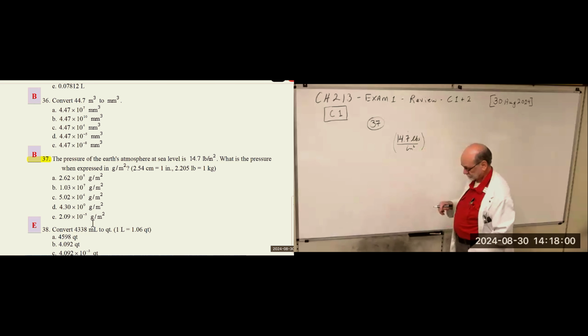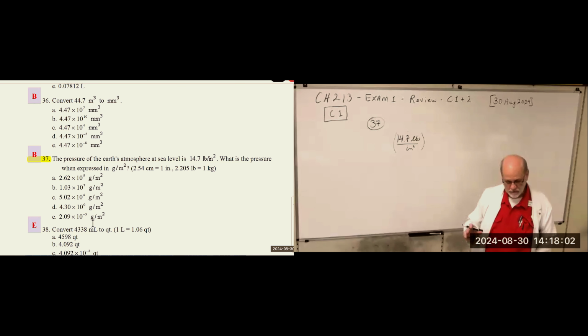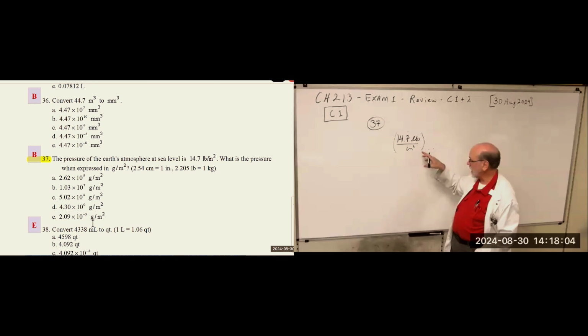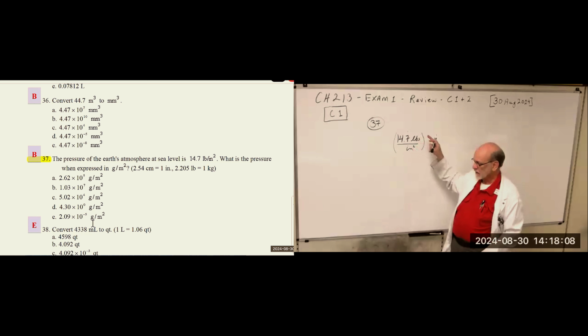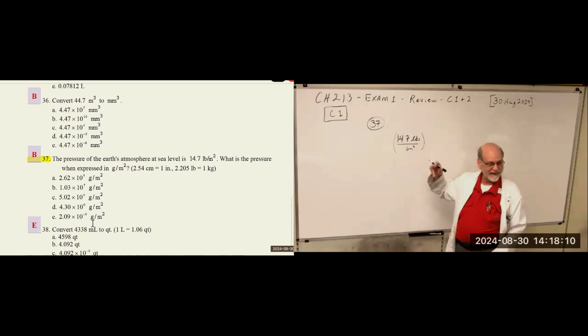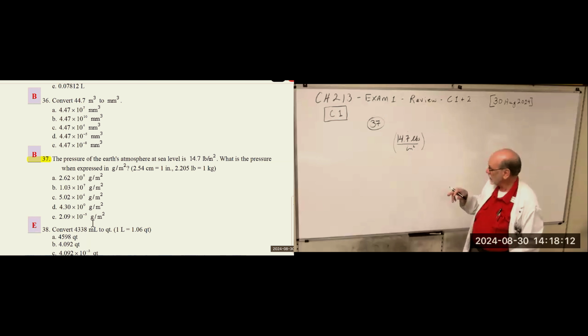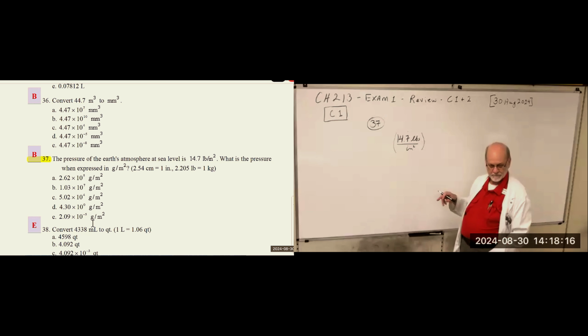When you're converting a complex unit of measure, do one part at a time. So let's do pounds first. We want to go pounds to grams, right?